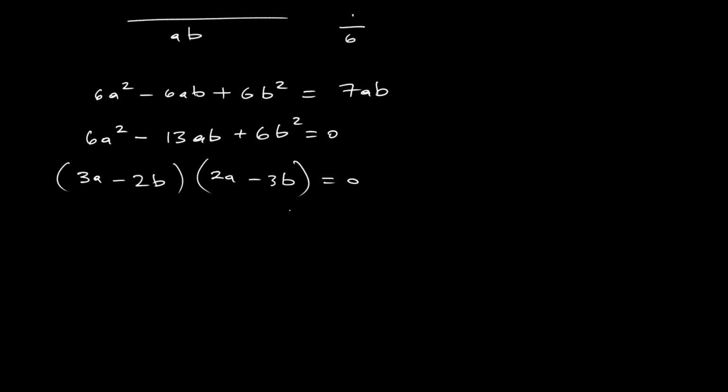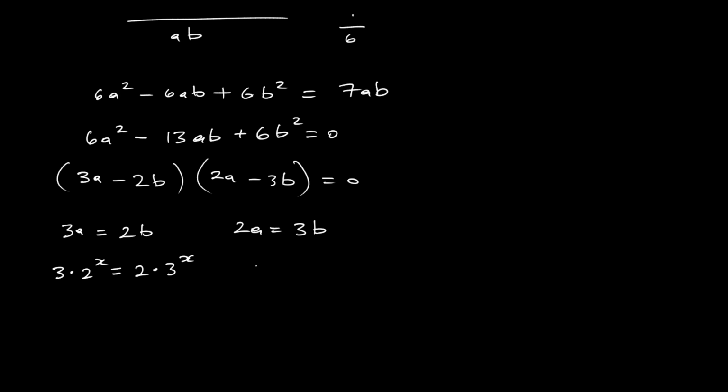So by looking at this, we could say that 3a is equal to 2b, and 2a is equal to 3b. However, recall that a was actually 2 to the x, so we could say that 3 times 2 to the x is equal to 2 times 3 to the x, because b was actually 3 to the x.